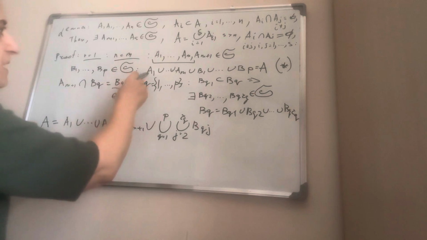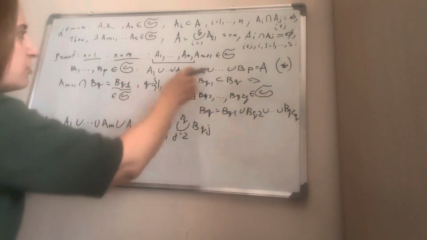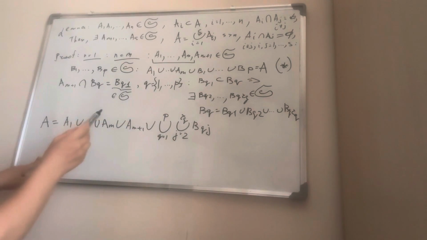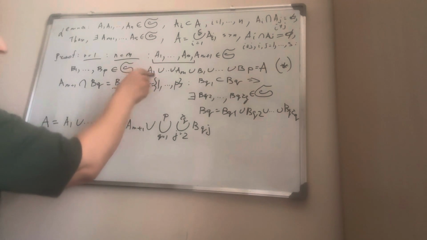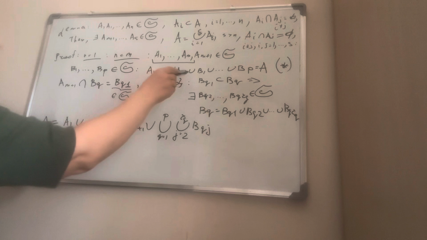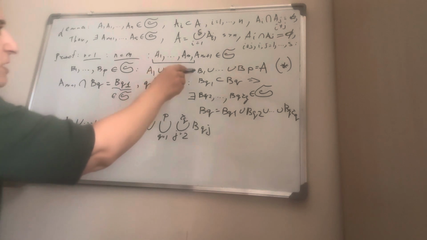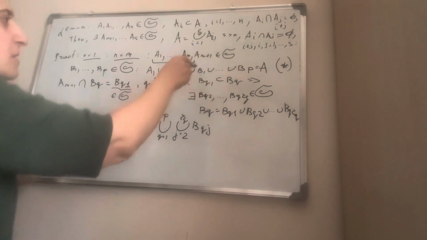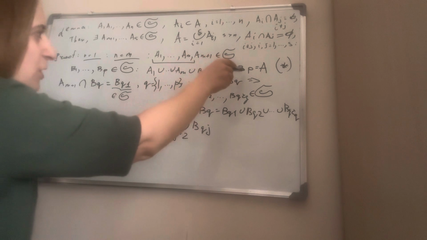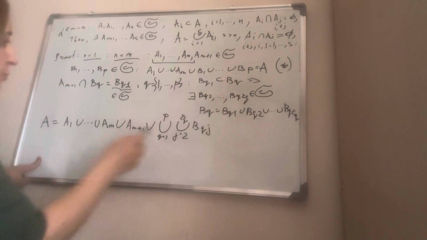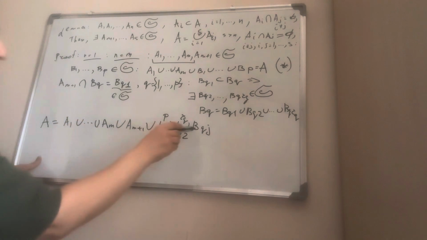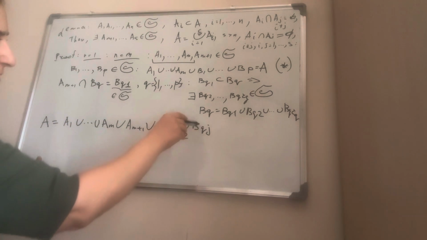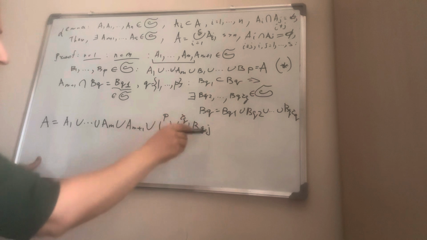Yes, we have stated that those sets are mutually disjoint by the inductive hypothesis. Therefore, A1, ..., Am are mutually disjoint with all of the subsets of these sets from B1 to Bp. Therefore, A1, ..., Am, and all of these Bqj, they are mutually disjoint.